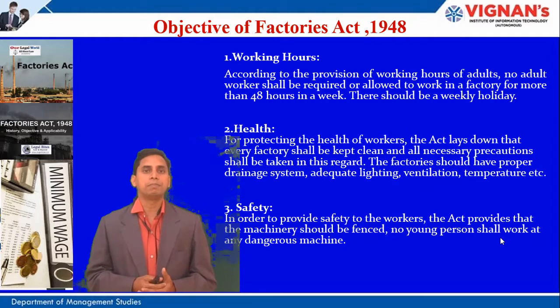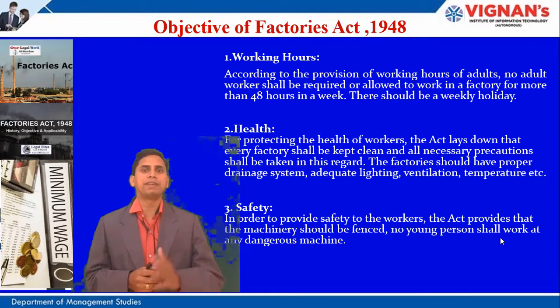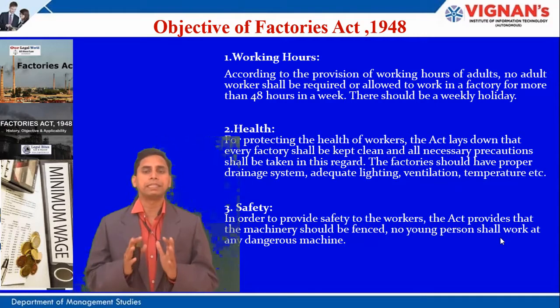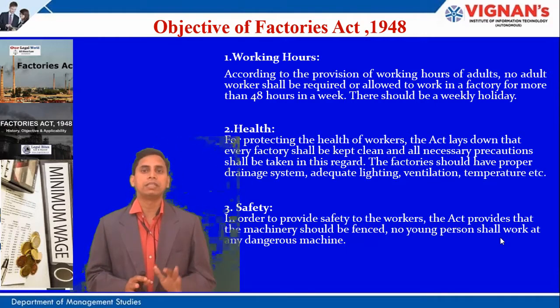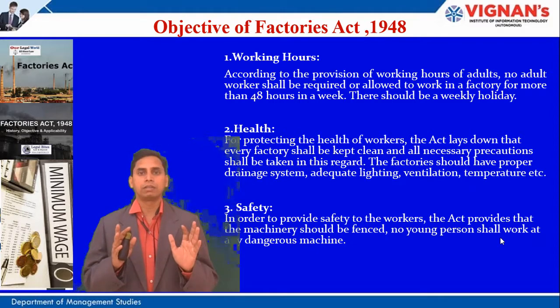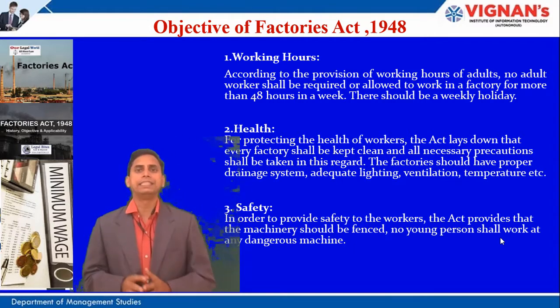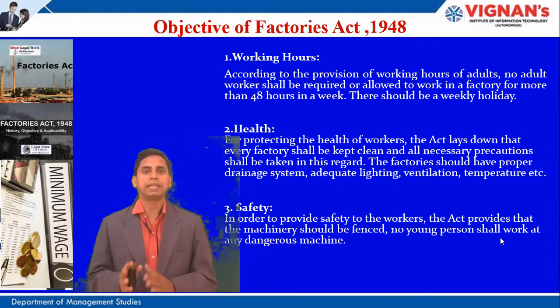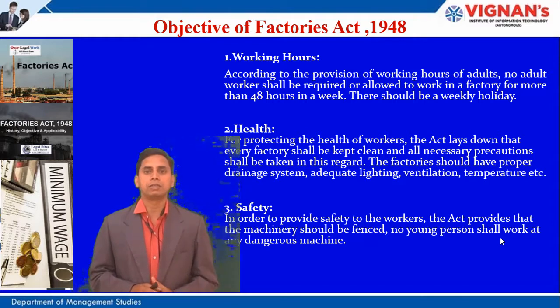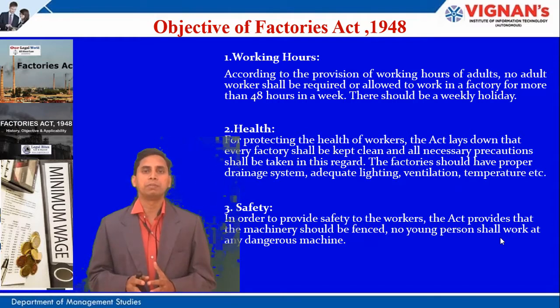The second objective of this act is health. For protecting the health of the workers, the act lays down that every factory must be kept clean and neat, and necessary precautions must be taken for the health of the employees, such as adequate lighting at the workplace, a drainage system, ventilation, and temperature control.